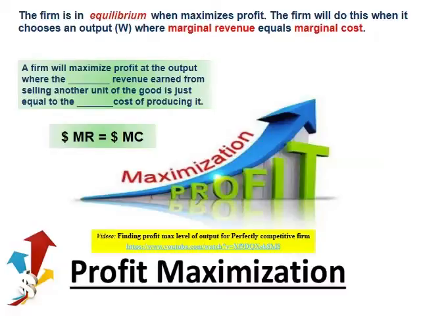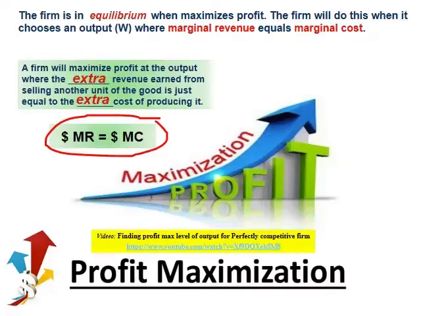In other words, a firm will maximize profit at the output where the extra revenue earned from selling another unit of the good is just equal to the extra cost of producing it. So the golden rule, if you like, is MR must equal MC at the chosen output.